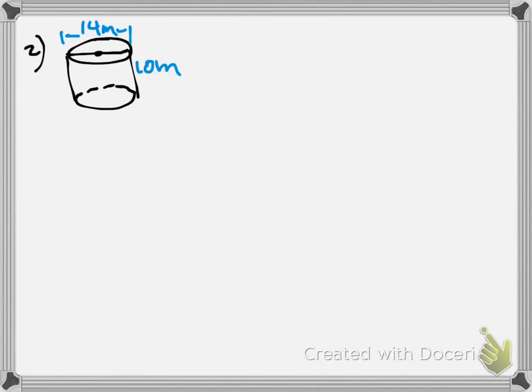So again, what you can do is you could look at it as the net. And if we did it as a net, you would have a circle. Oops, here, let's do this again. Let's do it this way. The lateral side, and then we have the 2 circles.